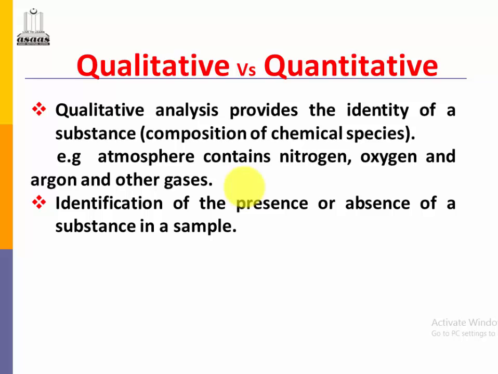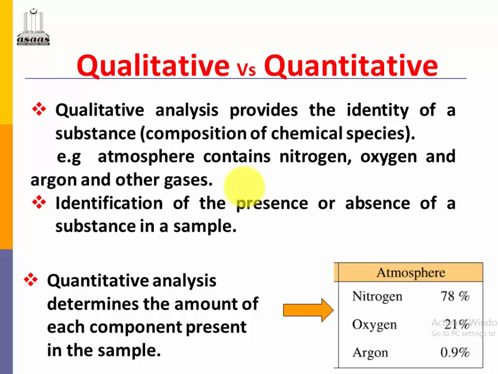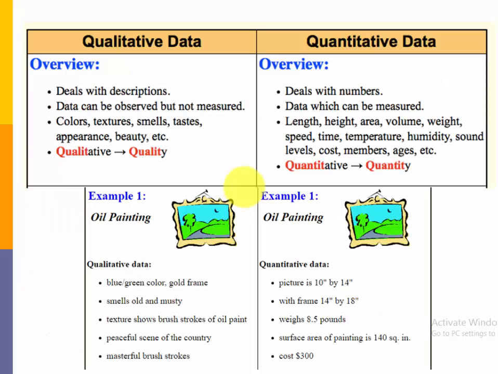Identification of the presence or absence of a substance in a sample is discussed in qualitative analysis. And quantitative analysis is a detailed analysis which determines the amount of each component present in a sample. For example, the percentage of nitrogen, oxygen, and argon is discussed in quantitative analysis.